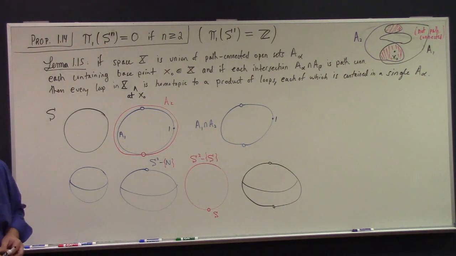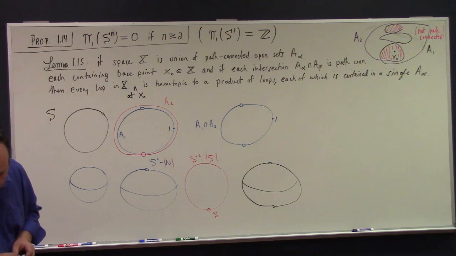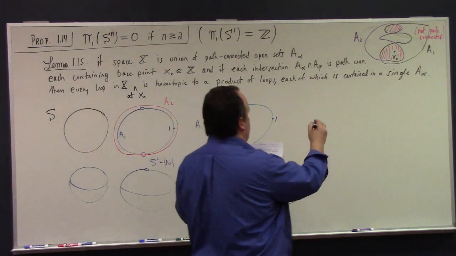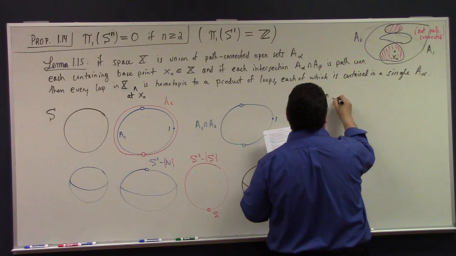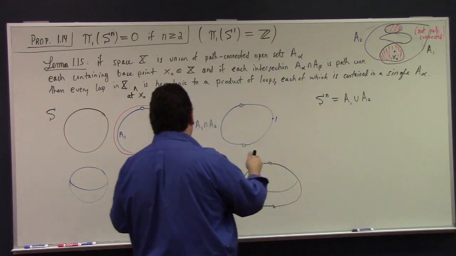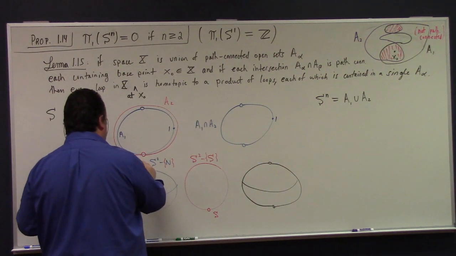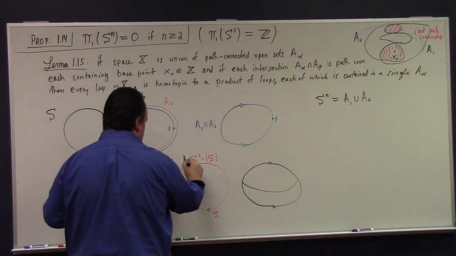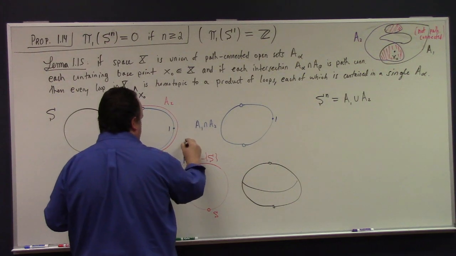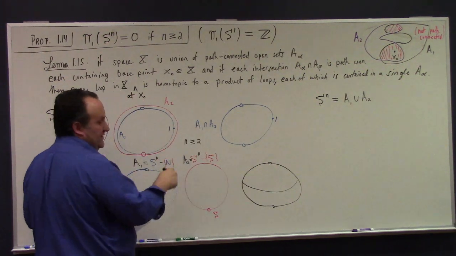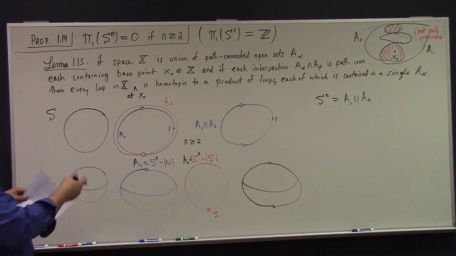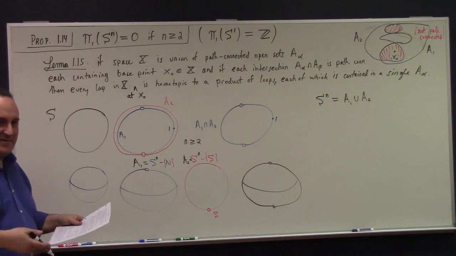Now he says at this point that we can express Sn as the union of 2 open sets A1 and A2. Write this down here. So we've got Sn equals A1 union A2, and I'm supposing that A1 is, let's say, without the North Pole. If we can do it for 2, we can do it for n, for n greater than or equal to 2, because as we've seen, n equals 1 has a problem, which is to be expected.